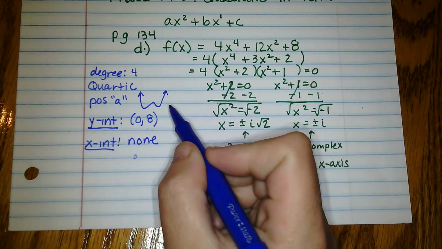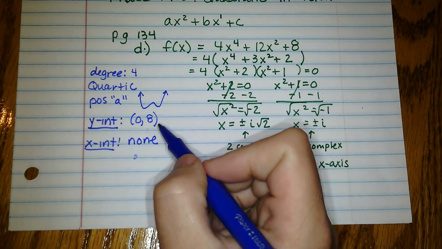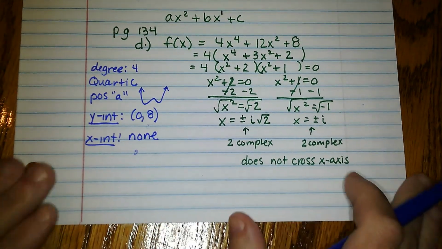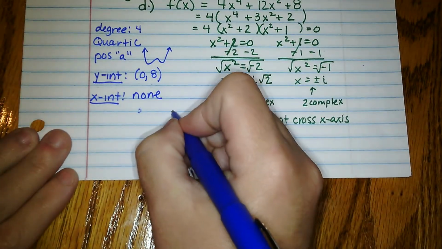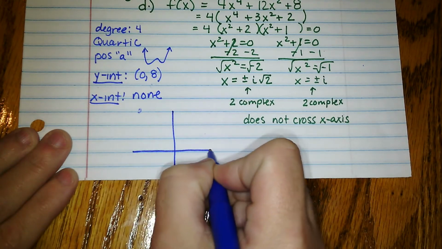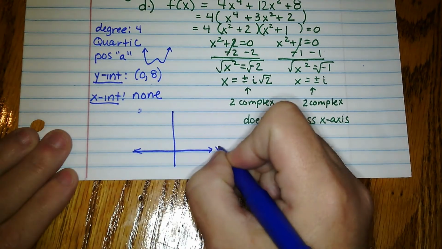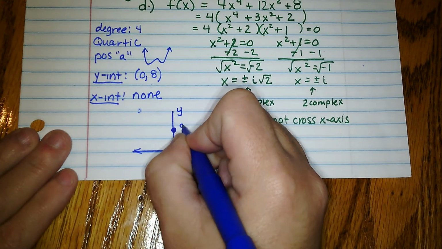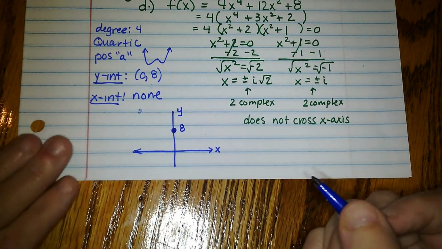So how can this look like a W, cross at 0, 8, but not cross the x-axis at all? Well, that's easy. It floats. Here's the x-axis, here's the y-axis. Here's 0, 8. It's going to float.